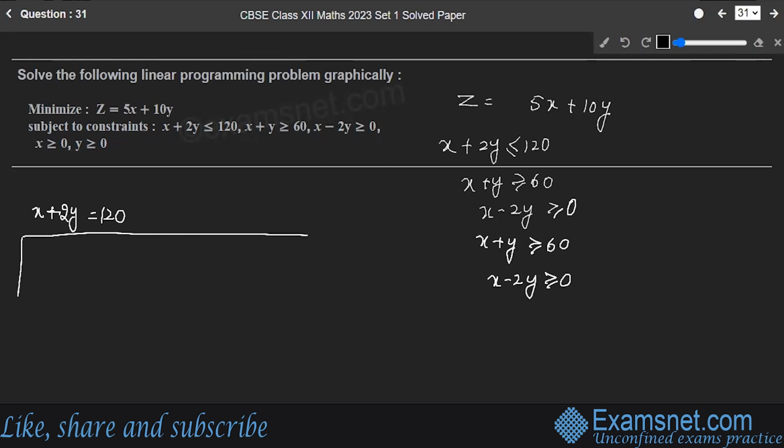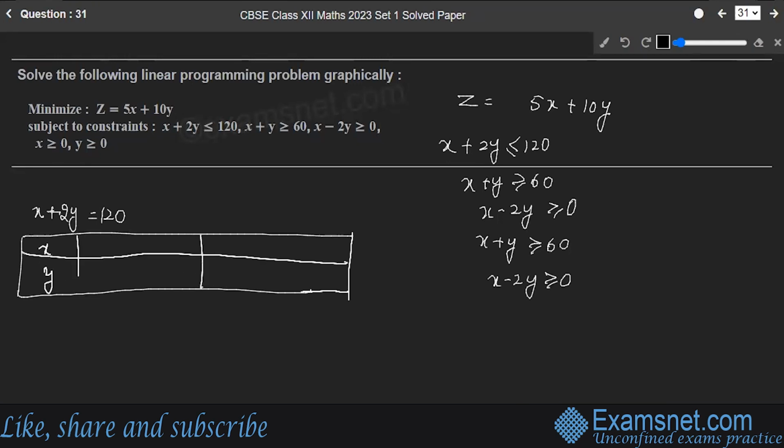Let's make the table for this. So here you have x and y. If I put x is equal to 0, you will get y is equal to 60. And for y is equal to 0, x is equal to 120.